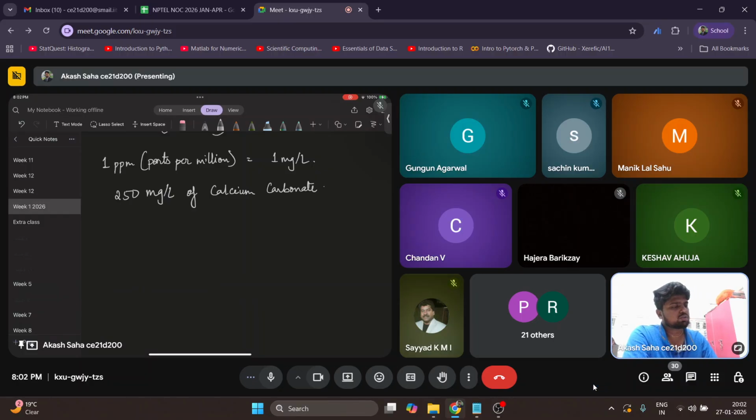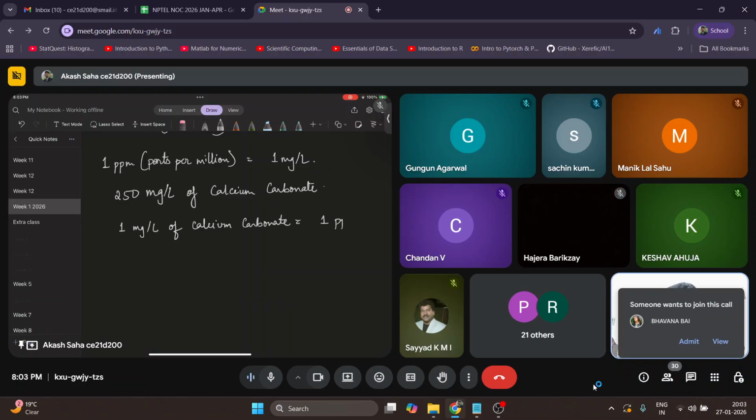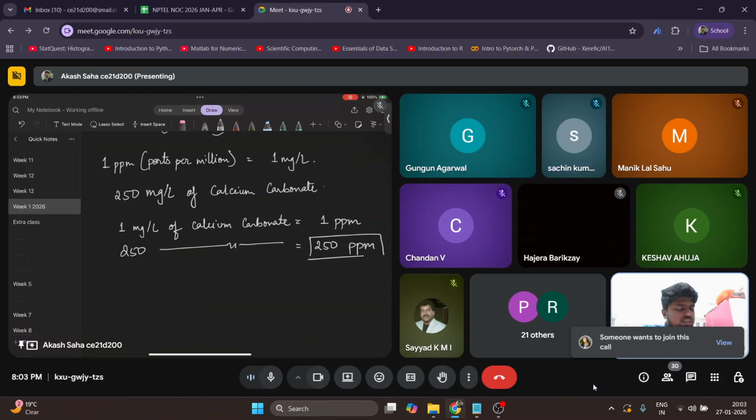If 1 milligram of calcium carbonate is equal to 1 ppm of calcium carbonate, then 250 milligram of calcium carbonate will be equal to 250 ppm. So the first one is 250 ppm, which matches with B.